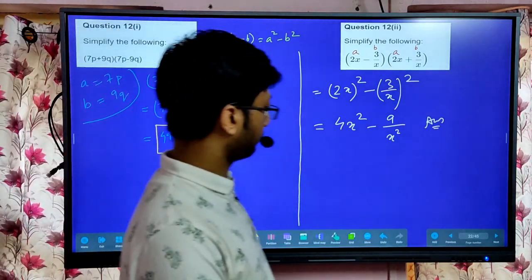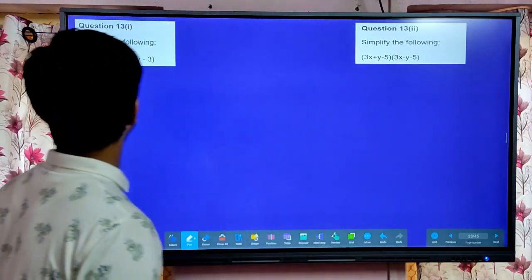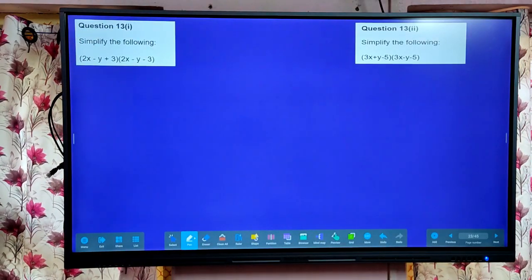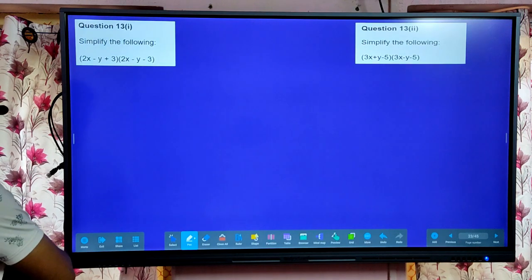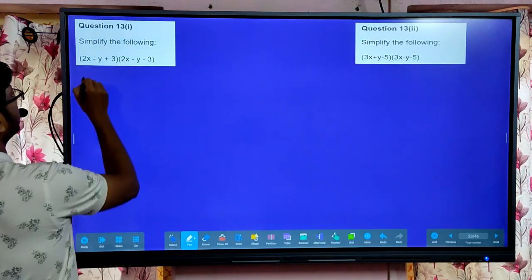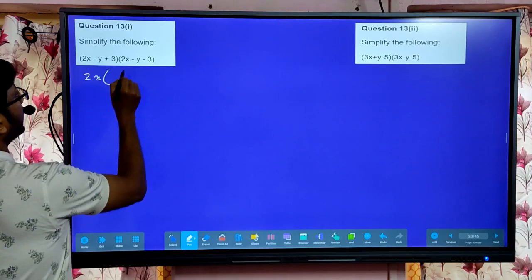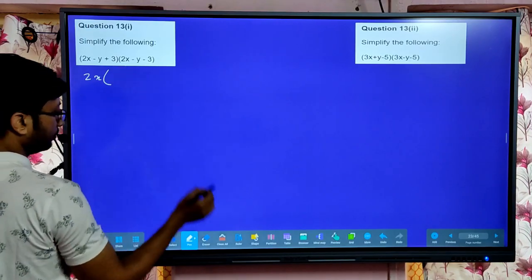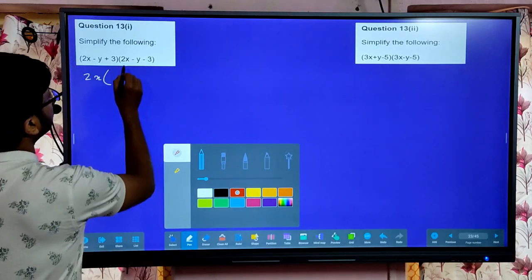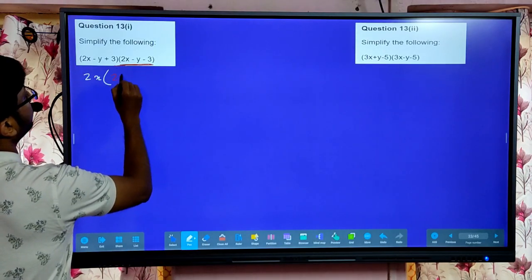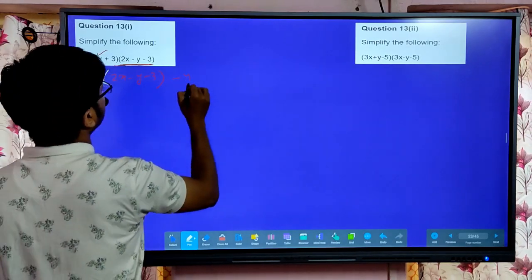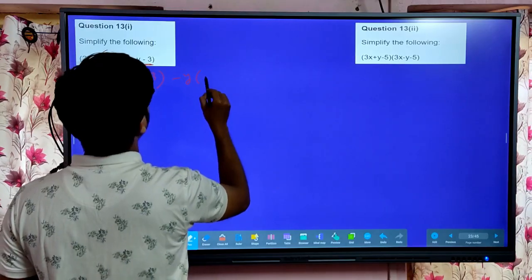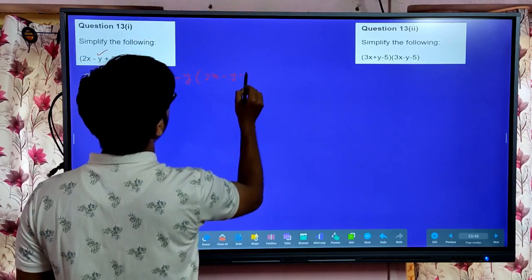Okay. So here 2x minus y plus 3, 2x minus y minus 3. Now apparently you are expecting to do these questions like this, right? Like you will write 2x over here and then the entire term, you will write 2x minus y minus 3, and then again you write y and then you write again 2x minus y minus 3.